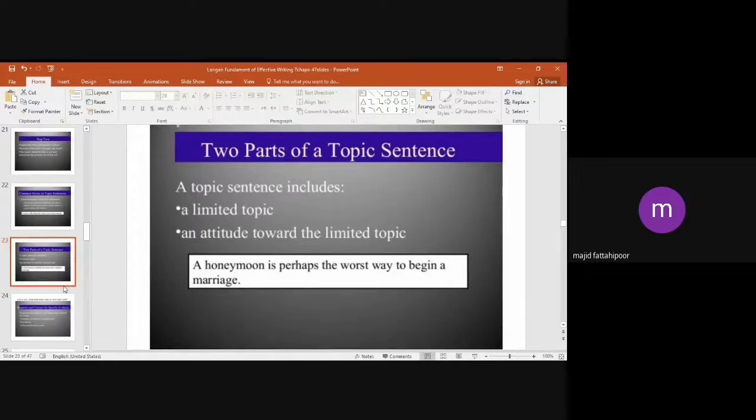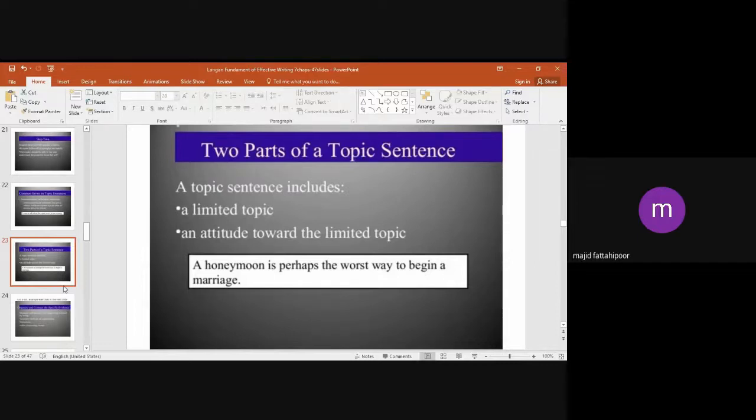Two parts of the topic sentence. First of all, are a limited topic and attitude. So when we say point, to make it simpler, I can say we should limit the topic, but that's not enough. That's not enough to limit the topic from general to a specific. We have to add an attitude towards the limited topic.